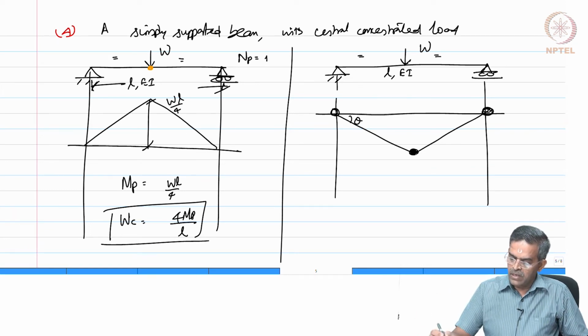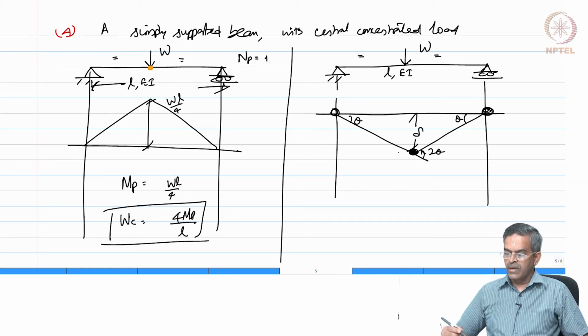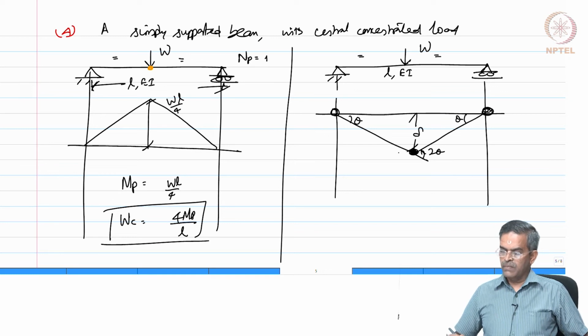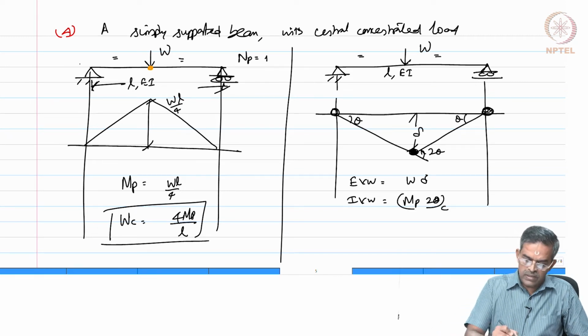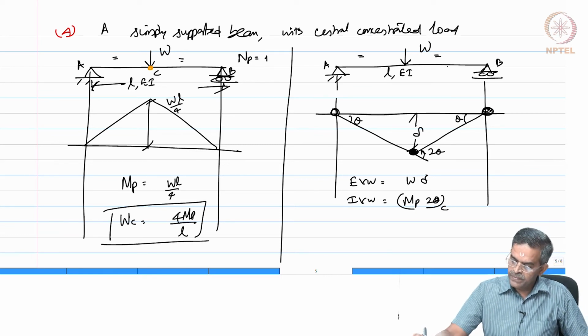So, this is theta, this is 2 theta, this is theta. I call this as del and the load is W. So, the external virtual work will be W into del. The internal virtual work will be MP into 2 theta, which is at C. So, this is A, B and C.